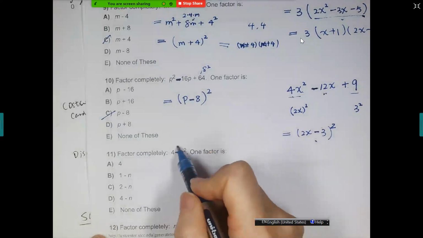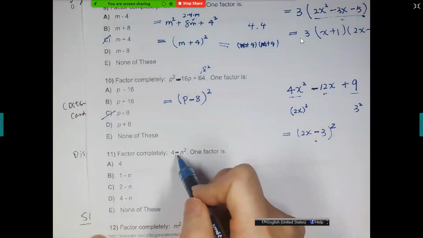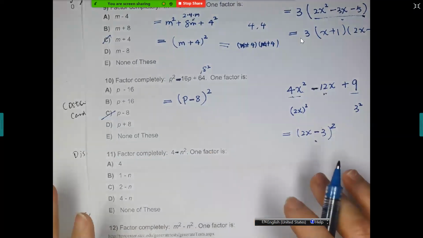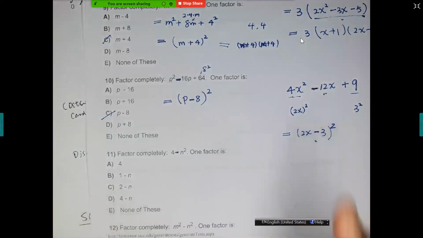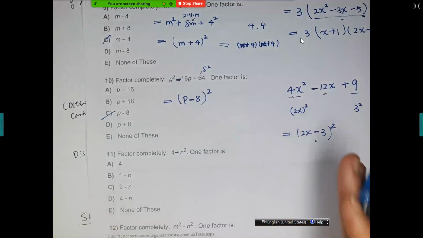Whenever you see a binomial with a plus sign between the 2 terms, it can never be factored. That is a prime binomial in this class. And there is a special case that this textbook does not introduce, the cube plus cube or cube minus cube. This is beyond our knowledge at the current level.